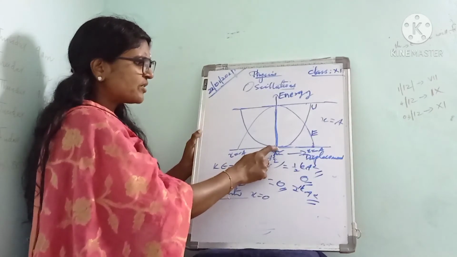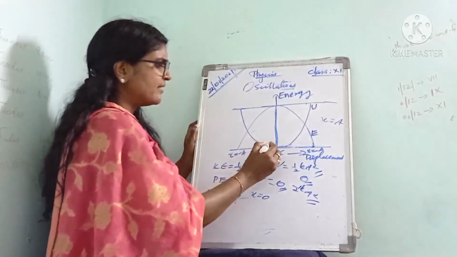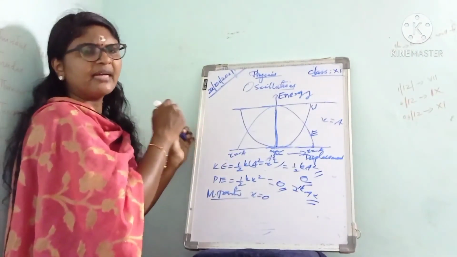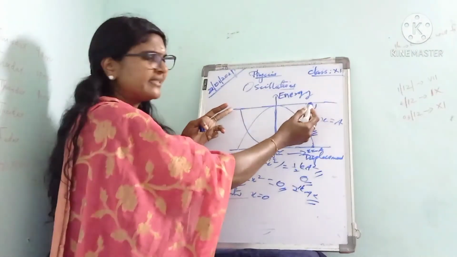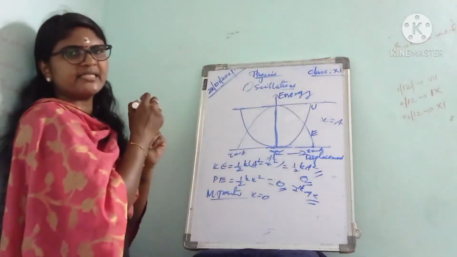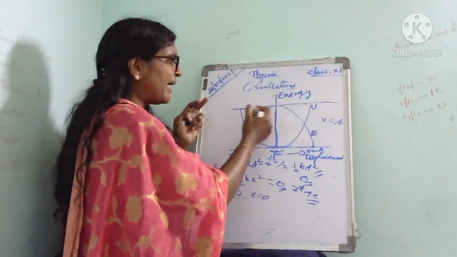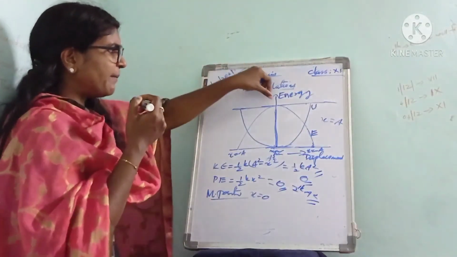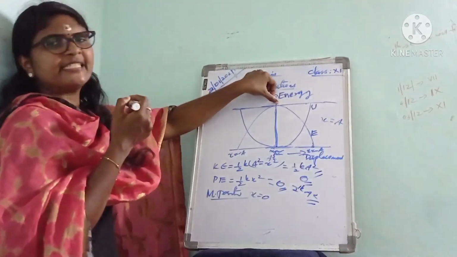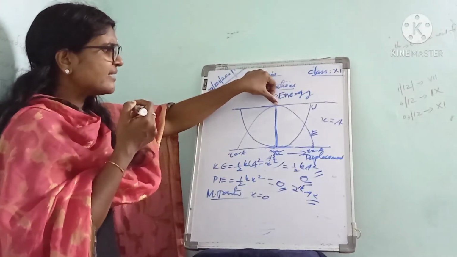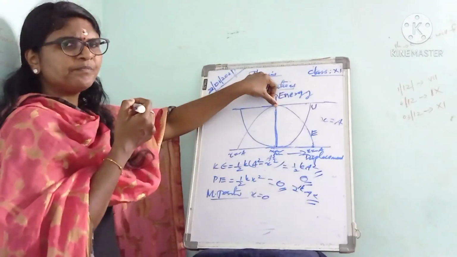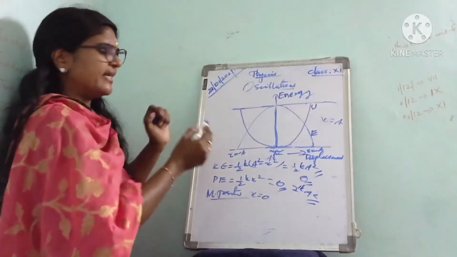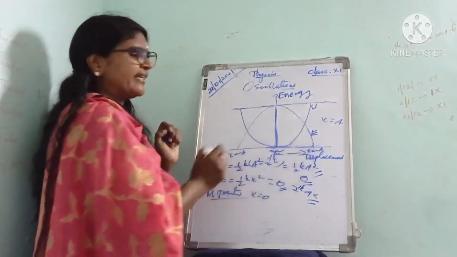So at the mean position it has 0 potential energy, and at the extreme position it has the maximum potential energy. When we consider kinetic energy, at the mean position it has maximum kinetic energy, and at the extreme position it has 0 kinetic energy.